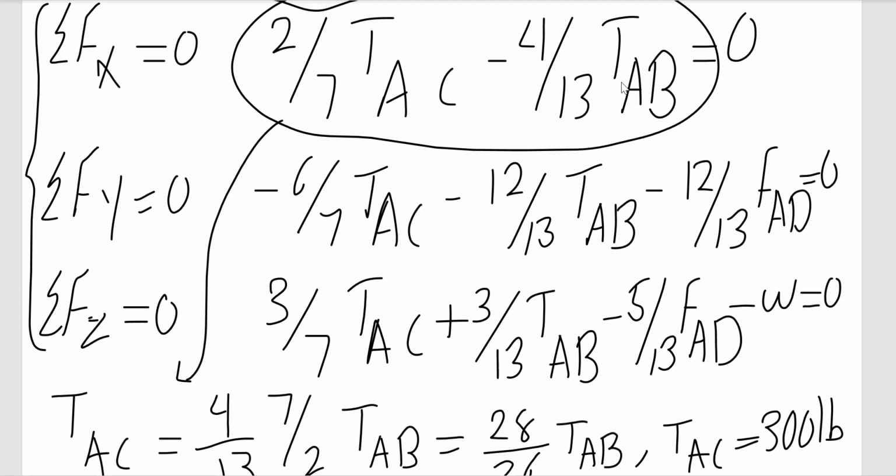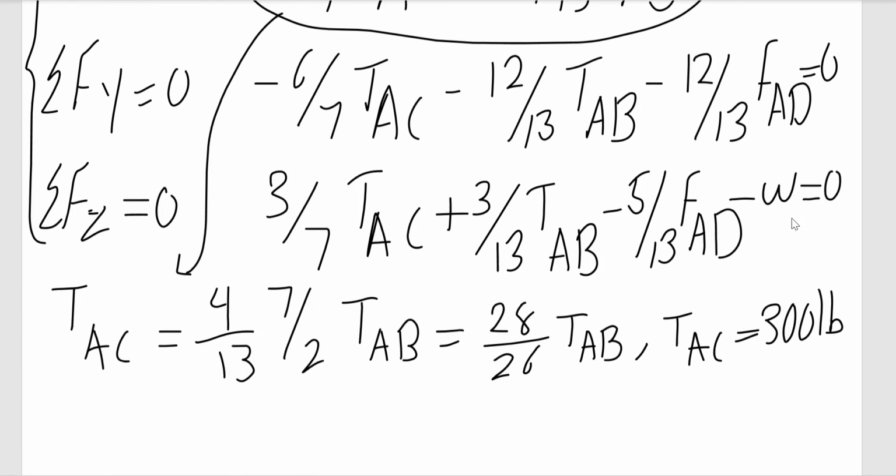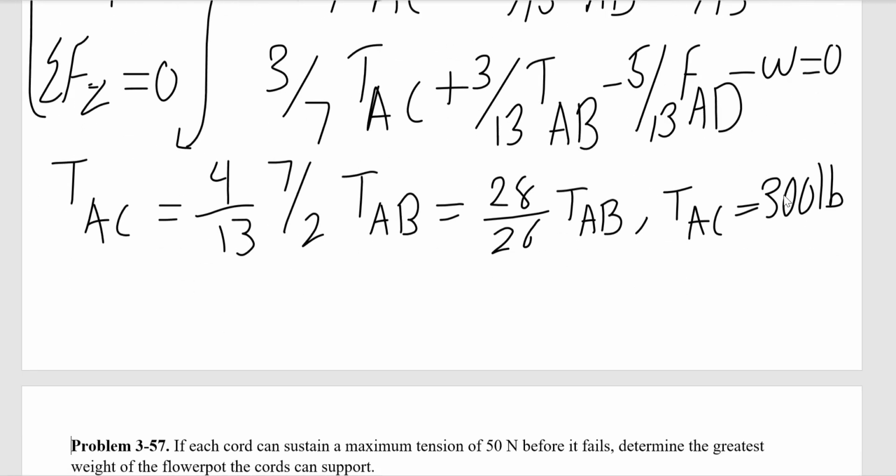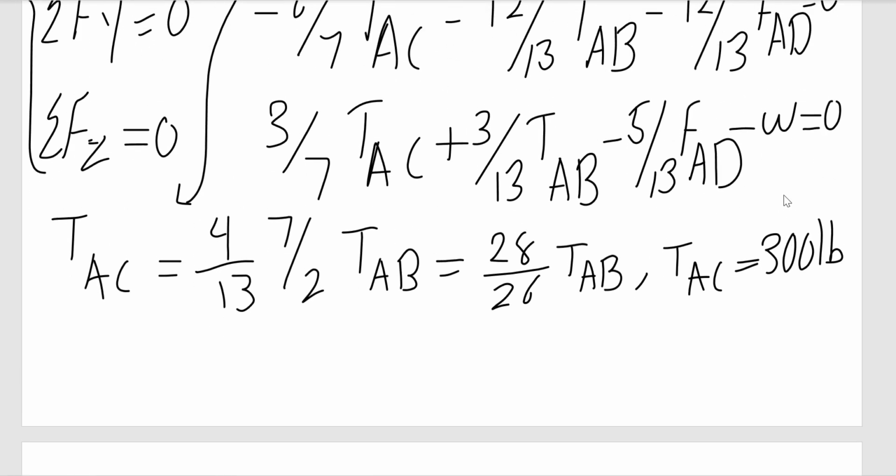If I find TAB, I have TAC and TAB, I find FAD, and I plug it in here, I find W. So I find all of them. I will find TAB to be 278.57, and I'm going to round that to 279 pounds.